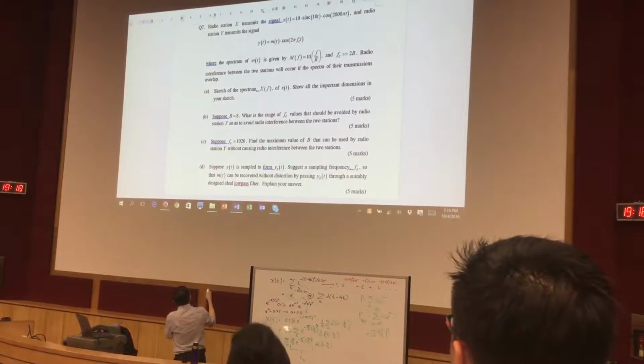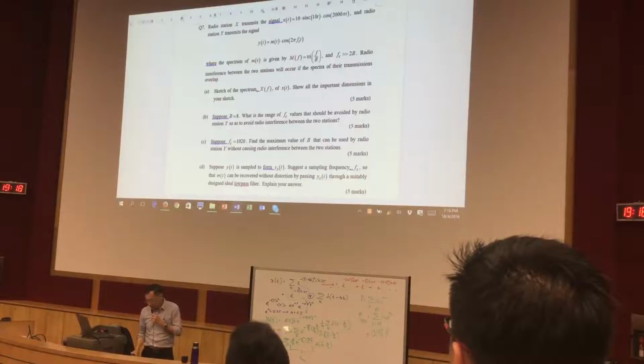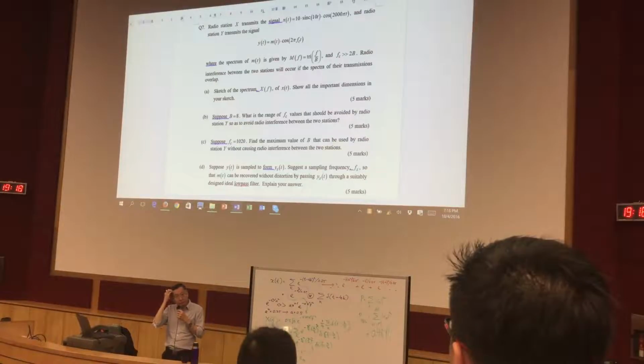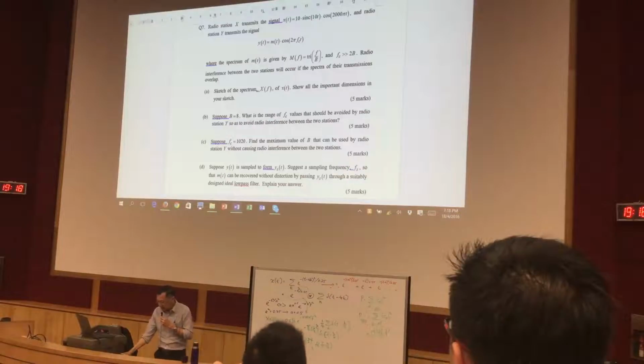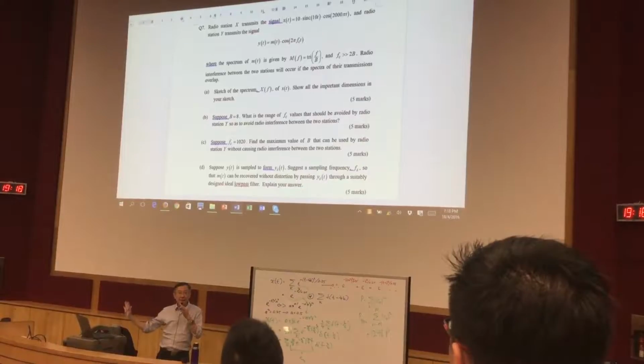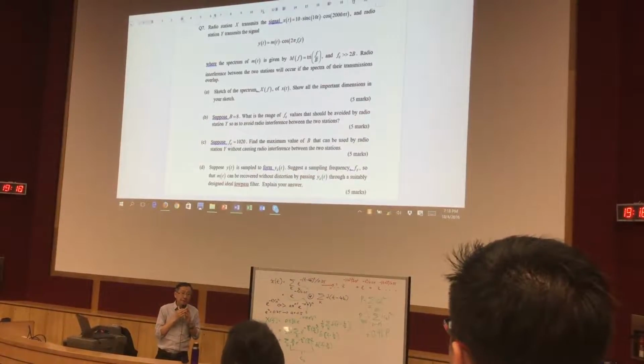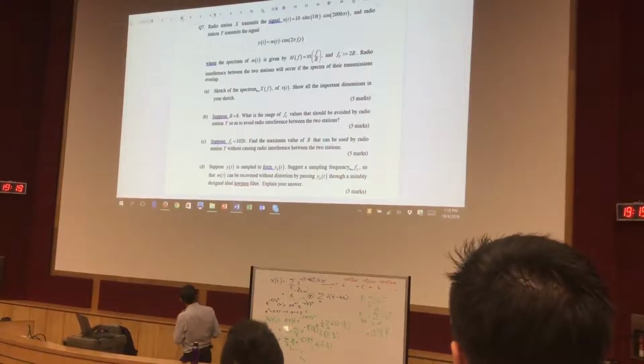Radio interference between the two stations will occur if the spectra of their transmissions overlap. So question 7, part A. Sketch the spectrum X(f) of X. I already explained: a rect at plus 1000 and a rect at minus 1000. So part 1 finished.